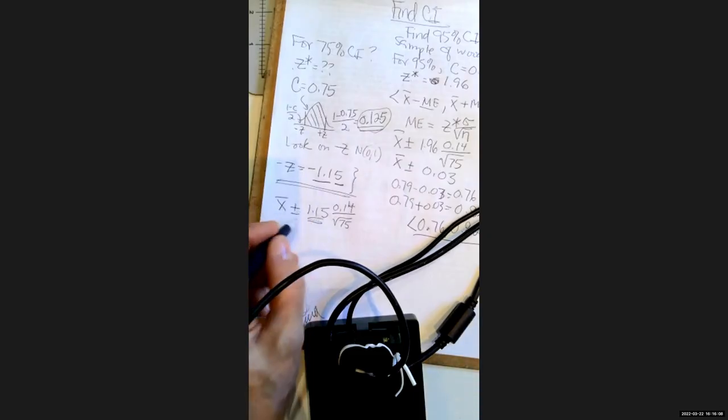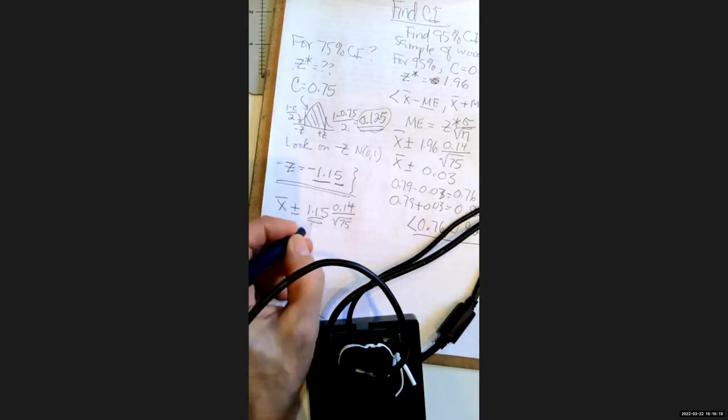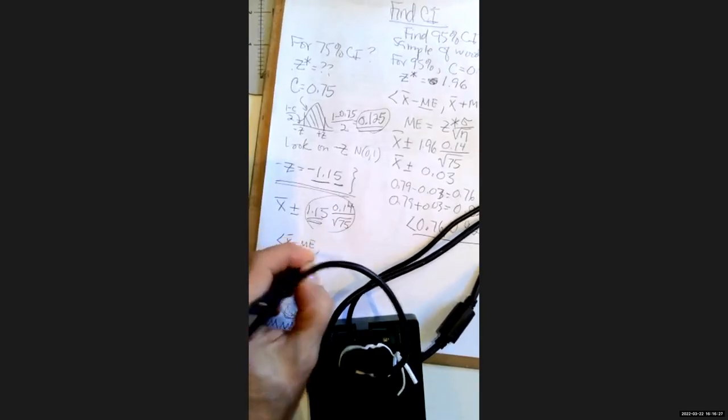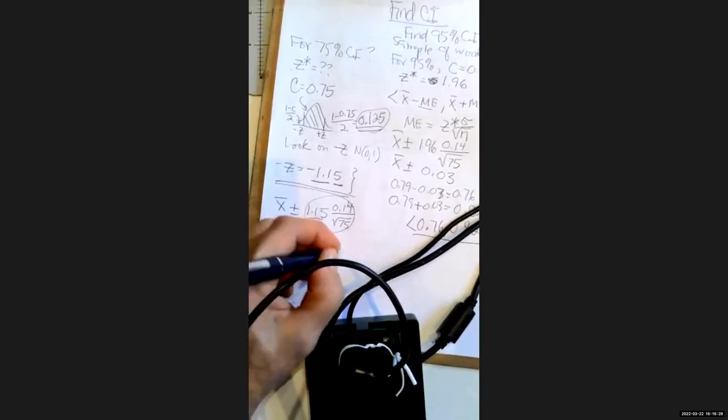And so when we make this calculation, what does this come out to be? I didn't actually calculate it in my example. Whatever this value is, you're going to do x bar minus the margin of error, x bar plus the margin of error. So it should be skinnier.